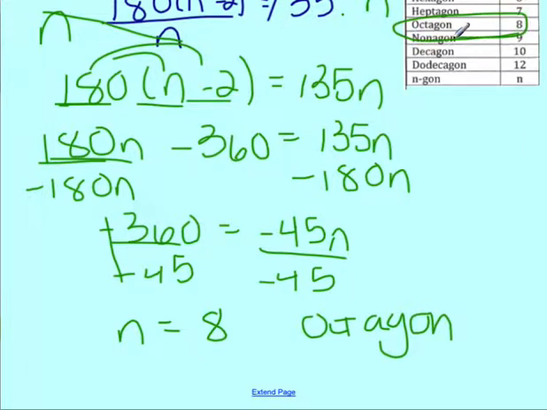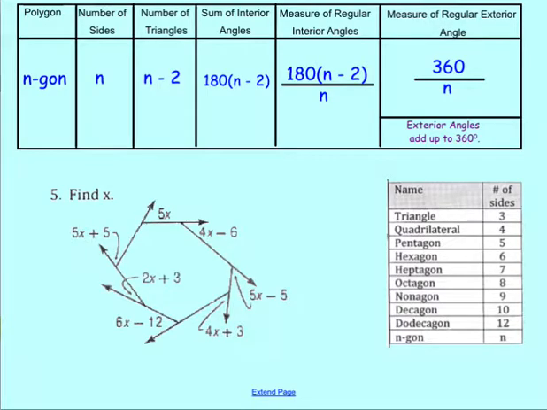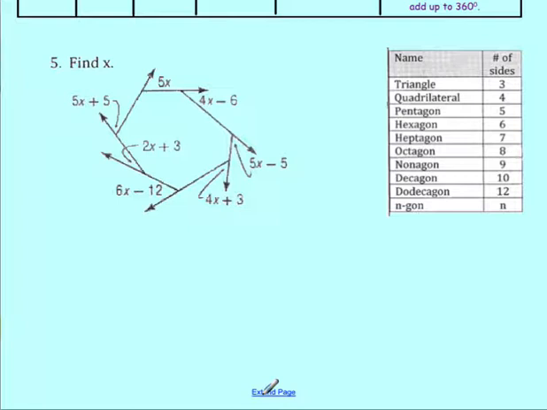Okay? All right, let's take a look at that last problem there. It asks us to find x. Now that looks crazy complicated. But guys, here's the deal. Remember that the sum of any exterior angles has to be 360. So all of those exterior angles have to add up to 360. I'm just going to write all of that out.